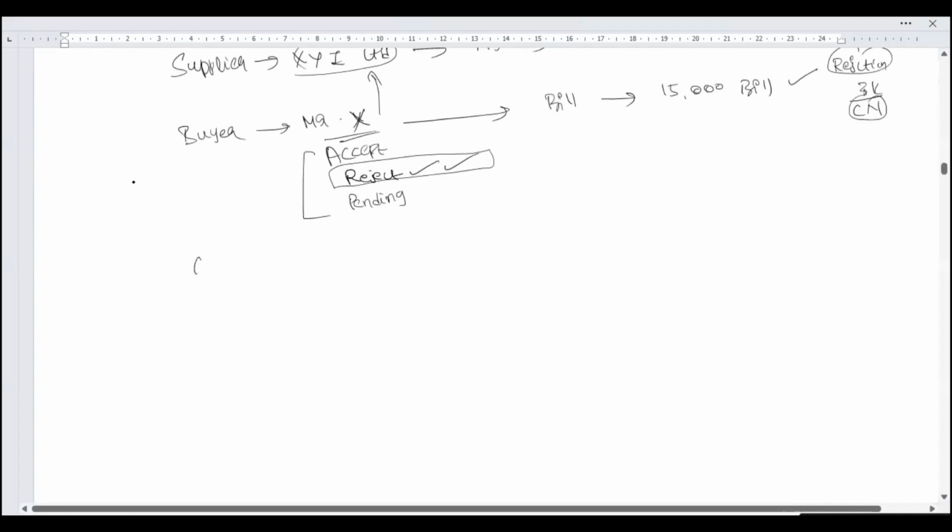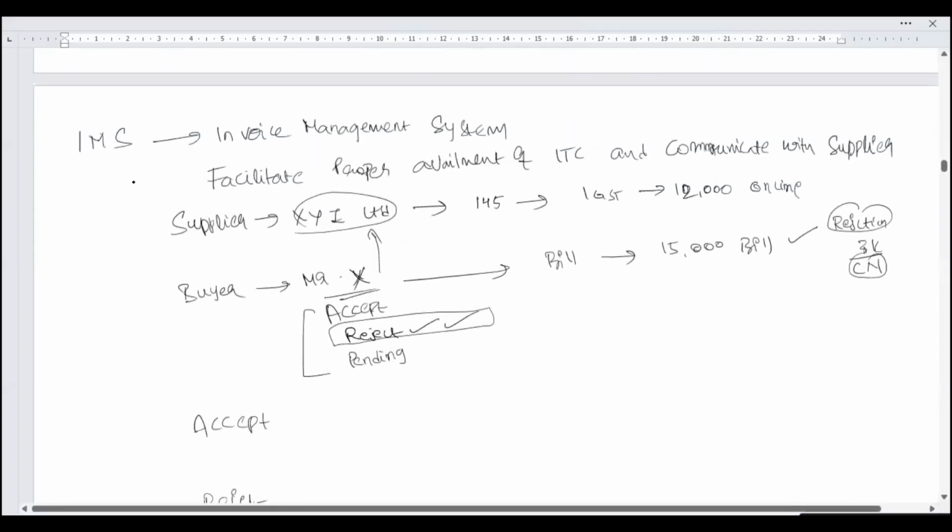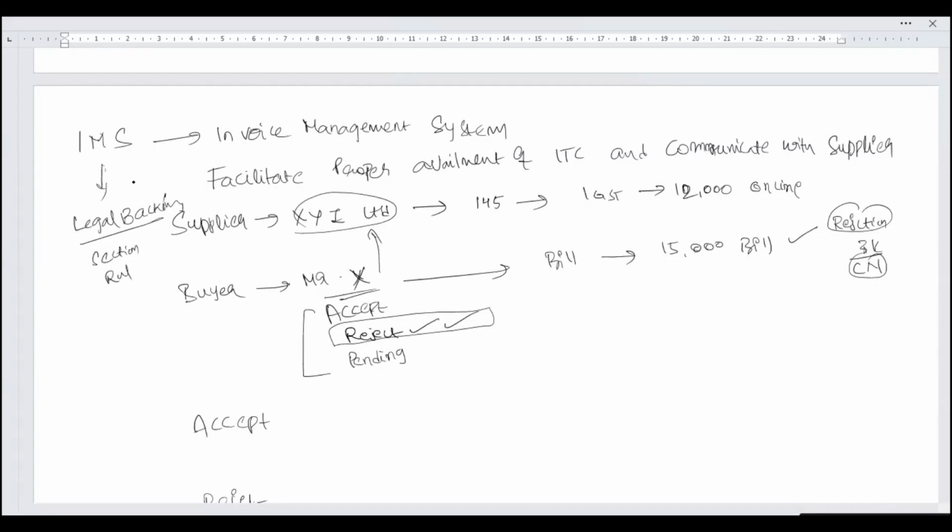For a moment, I say accept, reject, pending. And by the way, IMS does not have any legal backing. This is nowhere under a section or a rule or a circular which has given an authority for IMS.